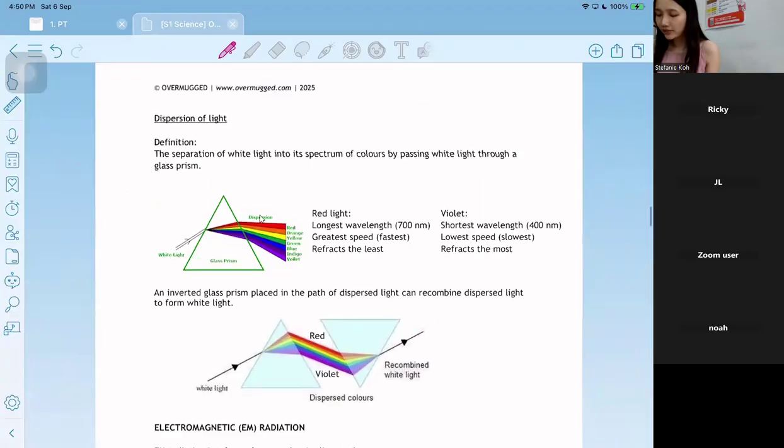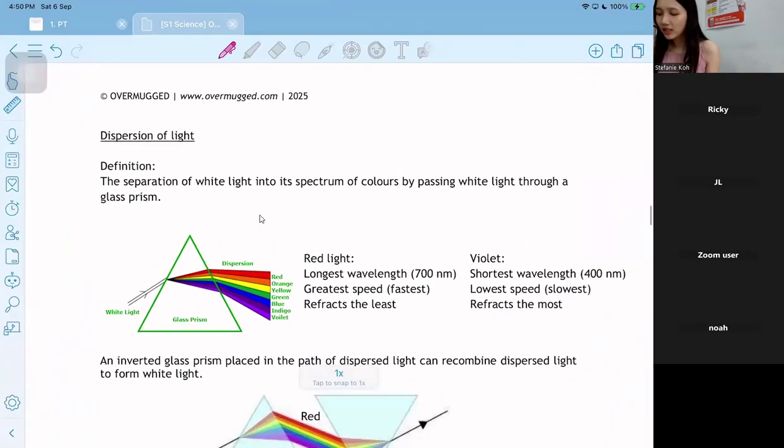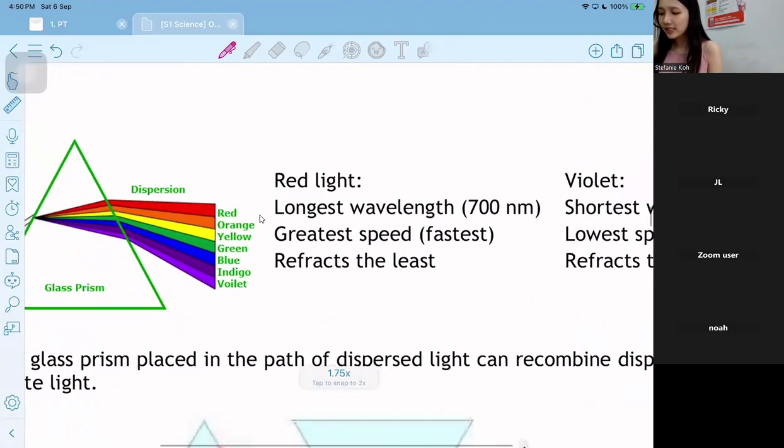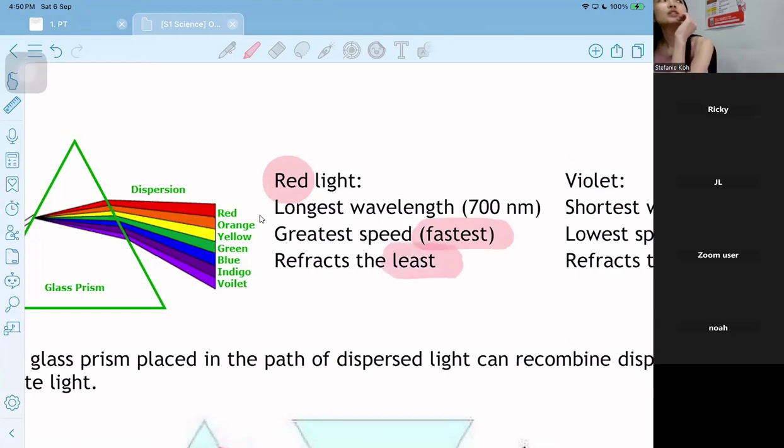We're almost done. This part is just dispersion. No choice, you just go and memorize. Red color is the fastest and refracts the least. So if you're moving very fast, you have no time to bend. If you're moving very slowly, then you can bend even more. So it bends the least, that's why it's found at the top.